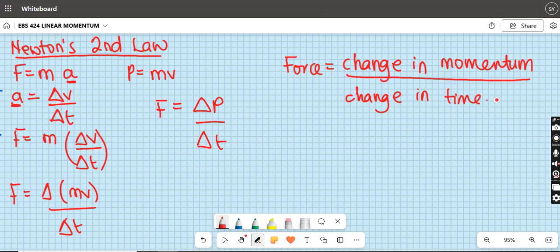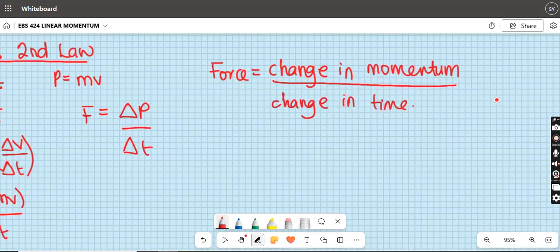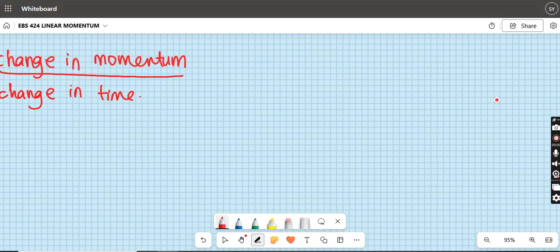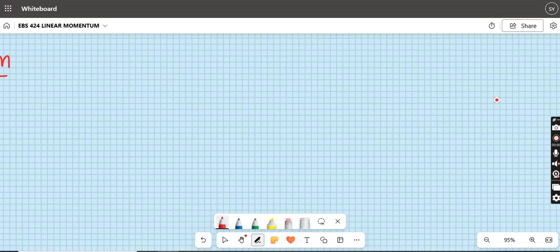Now let's use this to solve a couple of questions. Changing momentum over changing time. Let's look at an example.